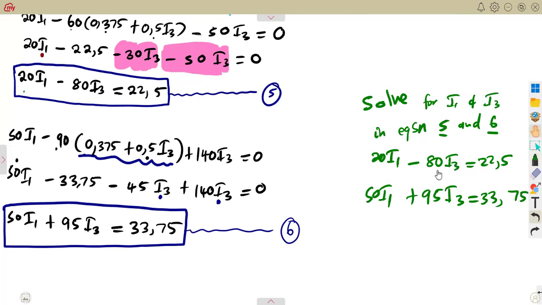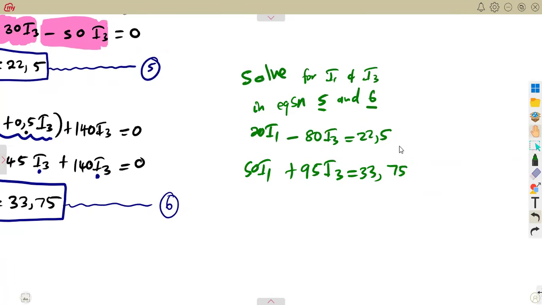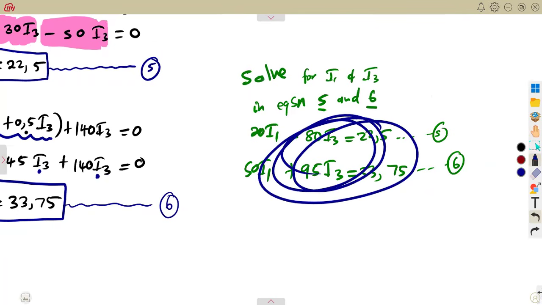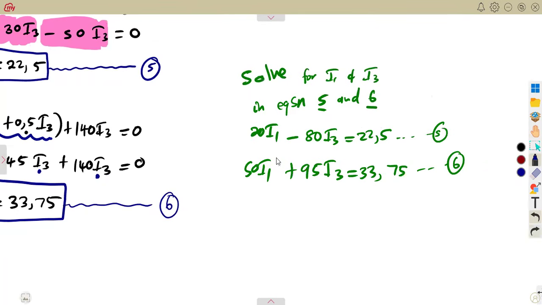This is what we had from our equation 5 and 6. So like I said, how do you solve here, guys? It's up to you. You can even use substitution again. You can make I1 the subject, then substitute whatever way that you want. You can use the elimination method. The way that you solve there is in your hands.